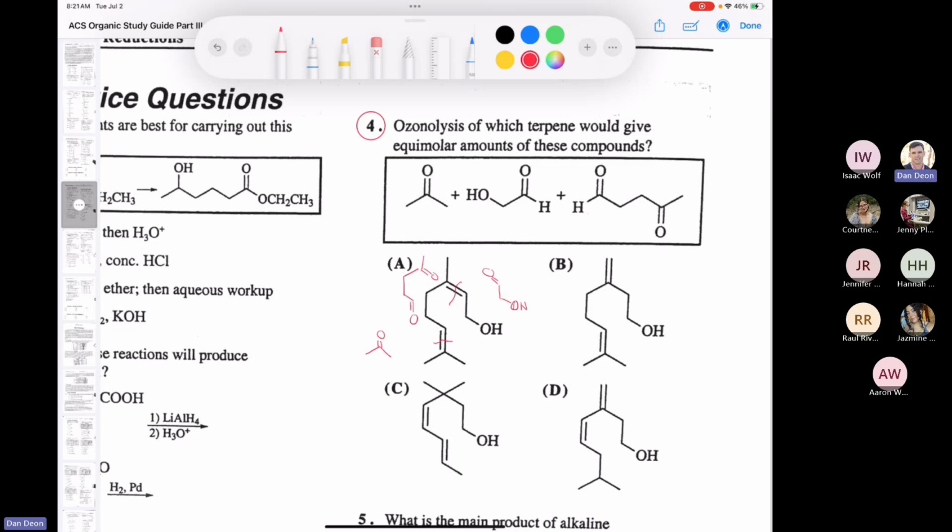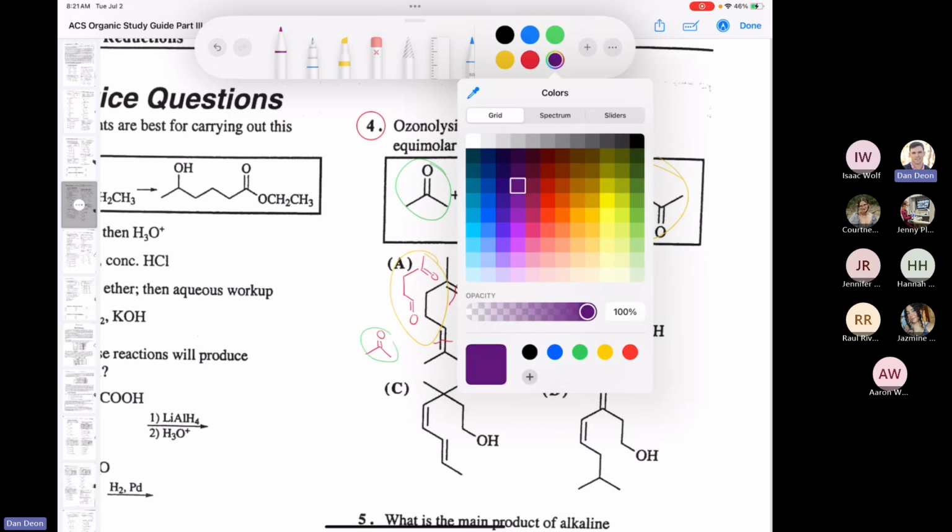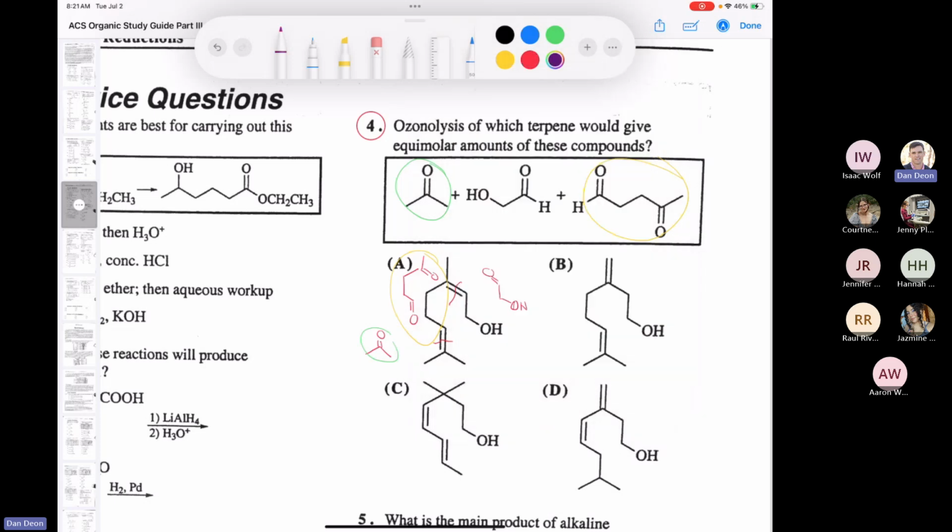And if you look at the answers, you can see that this is the answer, right? You see that this is the acetone, this is this compound, and then this piece here is this piece here. Does everybody see that? Give me a thumbs up if you follow me on the ozonolysis. You just break all the double bonds and then put oxygens at the end of them, right?